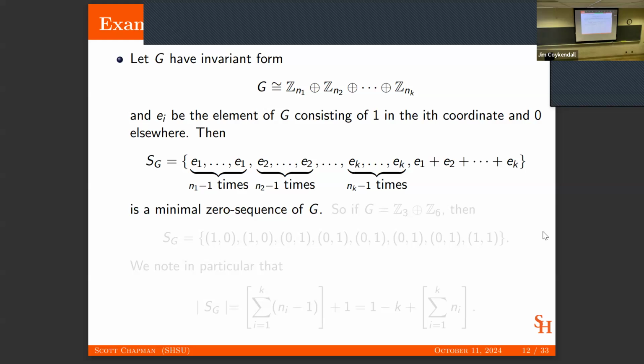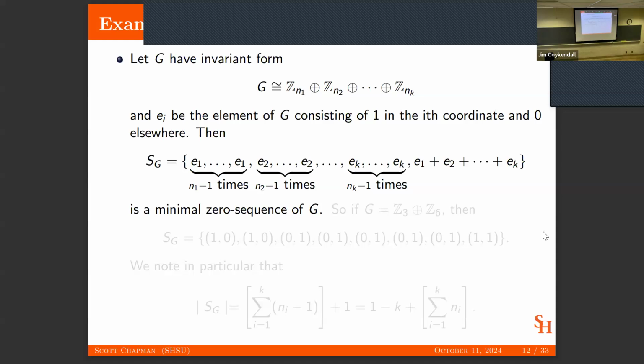So here's my little finite abelian group. Well, actually, it might not be little, but at least written like that, it looks little, okay? And I'm going to view this like we're in linear algebra, okay? I'm going to let E_i be the element of G consisting of 1 in the ith coordinate and 0 everywhere else. So just like basis vectors in linear algebra, okay? Now, let's look at this sequence.